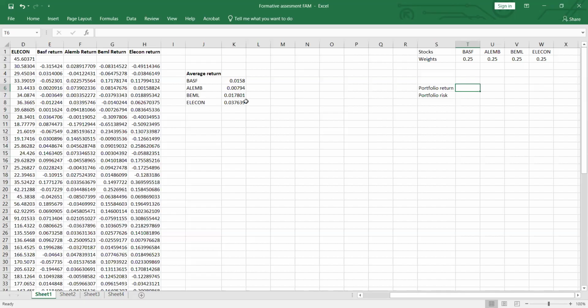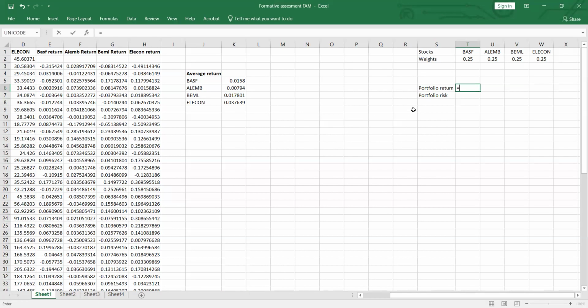And this is the average return of each stock. Every investor should know their portfolio return.